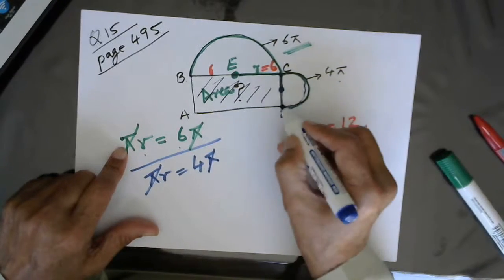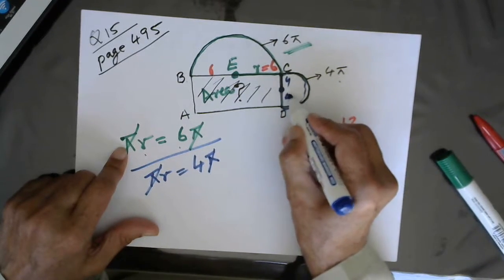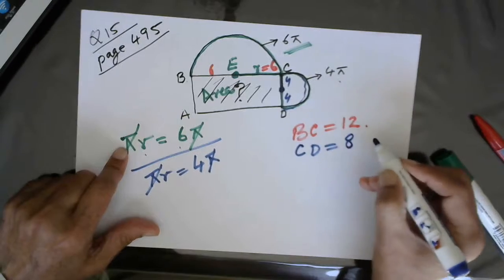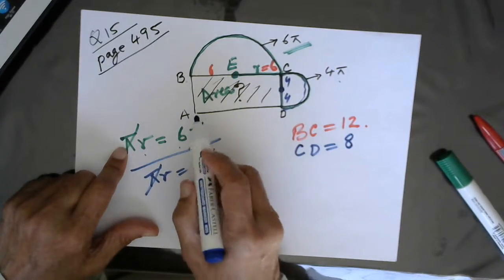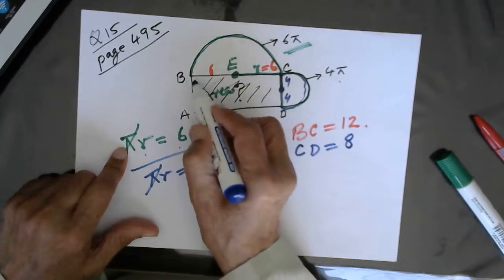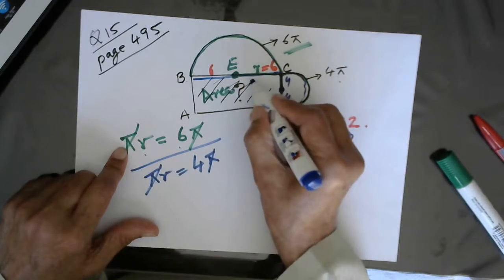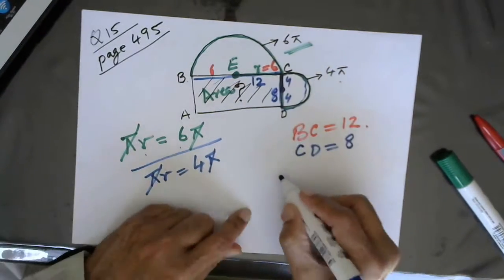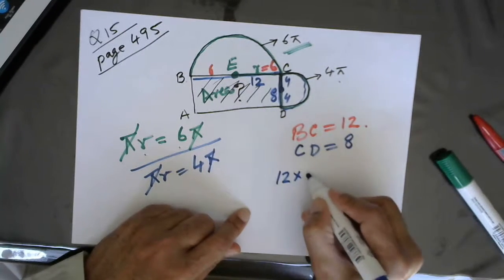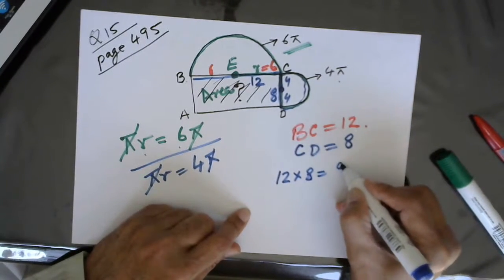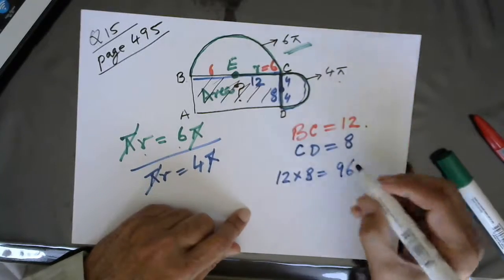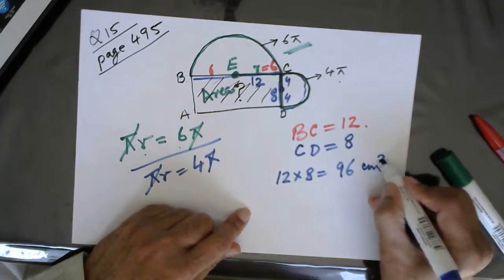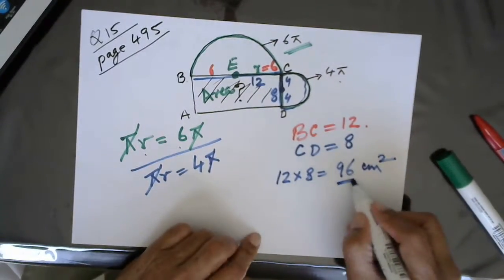CD will be 4, this is 4, this is also 4, so this will be 8. So for the rectangle ABCD, I know this side which is 12, I know this side which is 8. So what about the area? The area will be 12 times 8, that is equal to 96. Maybe it is centimeter, so centimeter square. This is the answer.